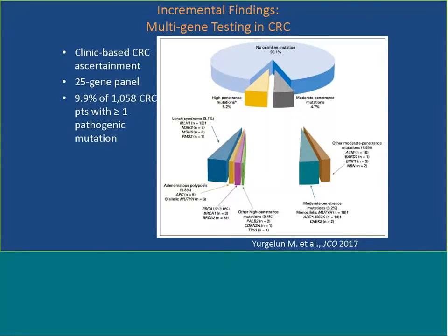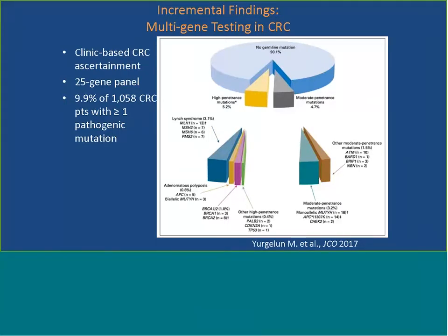Similarly, Dr. Yurgelun's very recent JCO paper was a wonderful study as well. This is a clinic-based colon cancer ascertainment. It was a retrospective analysis using a 25-gene panel of consecutive colon cancer cases at a tertiary cancer institute, but it was much less biased in terms of age and in terms of who underwent the testing.